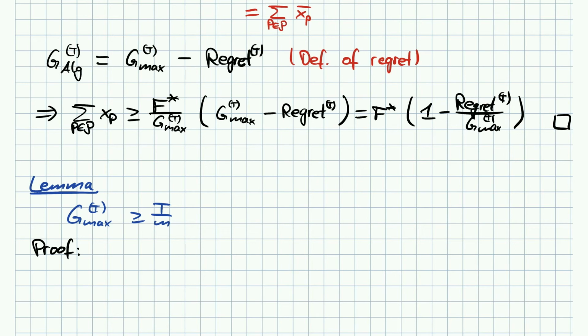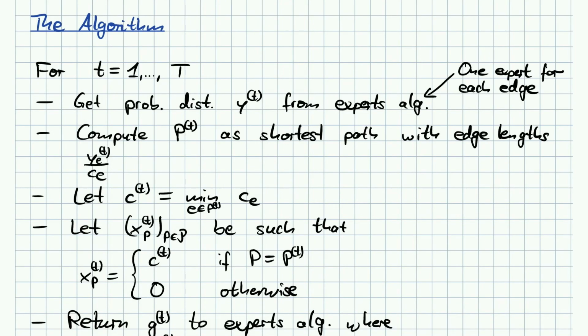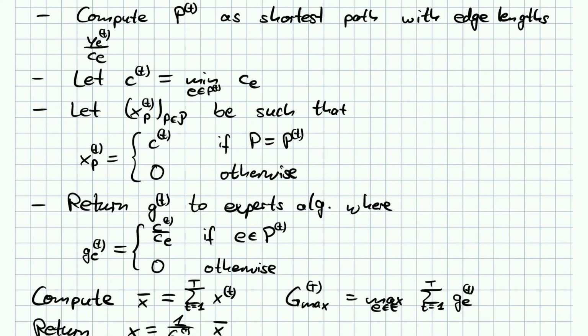Where were these gains coming from? The gains were coming from this here. The gain of edge E in step T was the smallest capacity on the path P_T divided by C_E, for an edge contained in this path.